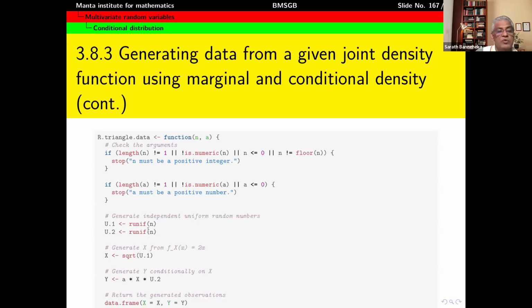So x is equal to the square root of u1, and y is equal to a, which is an input of this function, times this set of x values. Here we have a vector of x values times the u2. So that's y, right? So therefore now you prepare a data frame. That data frame will contain xy pairs of observations, 10,000 pairs of observations coming from the required joint density function.